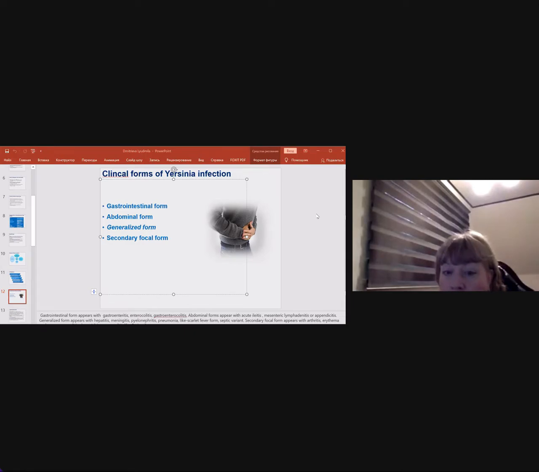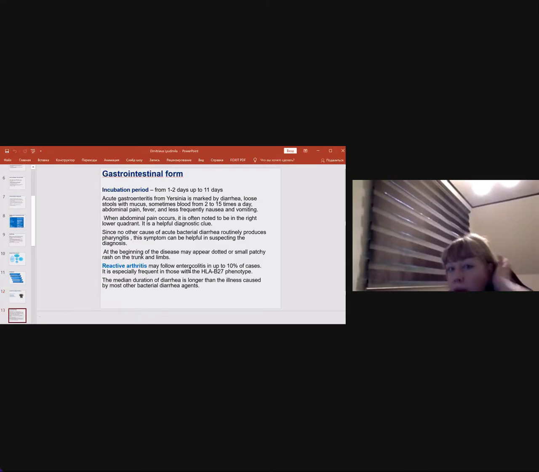In the generalized form, Yersinia species are present in the bloodstream, and the secondary focal forms are connected with the immunopathology process. Let's discuss the first clinical form, the gastrointestinal form of yersiniosis.